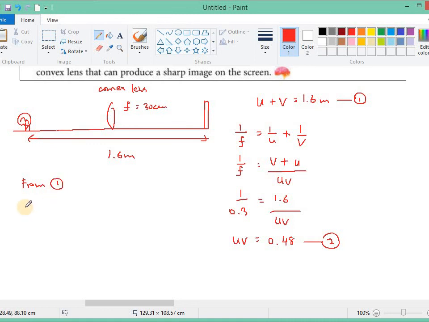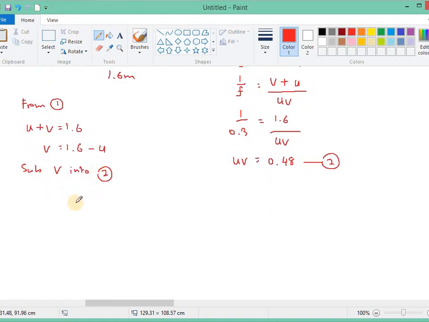From equation 1, u plus v equals 1.6, so v equals 1.6 minus u. Substitute v into equation 2. So we get u times (1.6 minus u) equals 0.48.